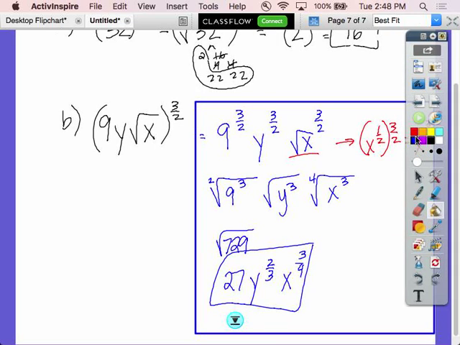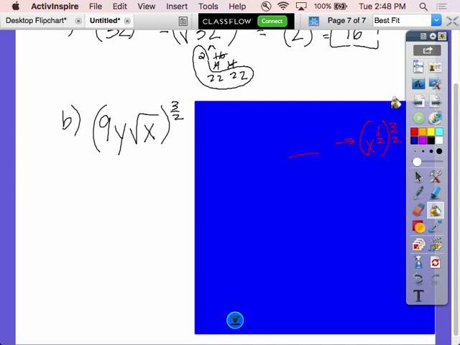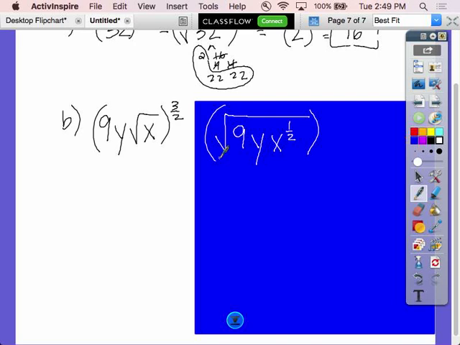Let's make it blue. Let's see what happens. So we would take the square root, since the index is 2, the square root of 9y x to the 1/2, and then raise that to the 3rd power.